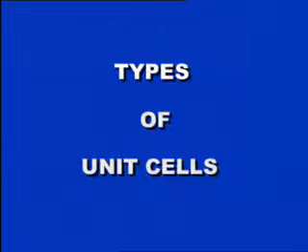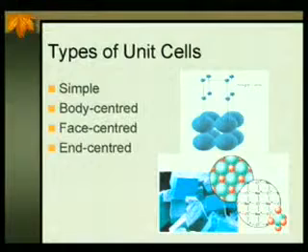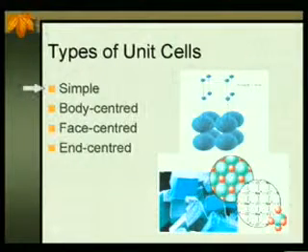Types of unit cells. There are four types of unit cells. First is the simple unit cell. This can be drawn like this.